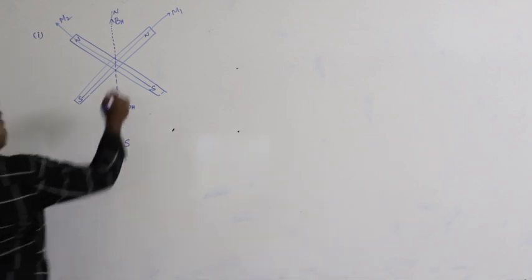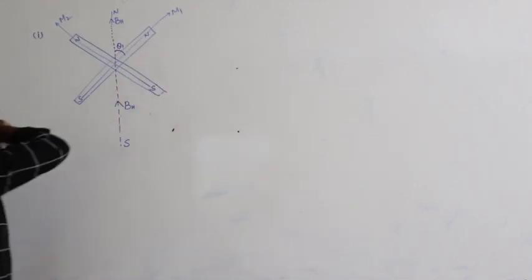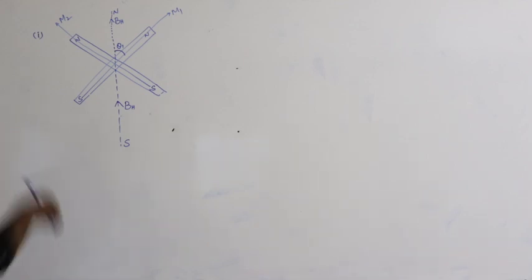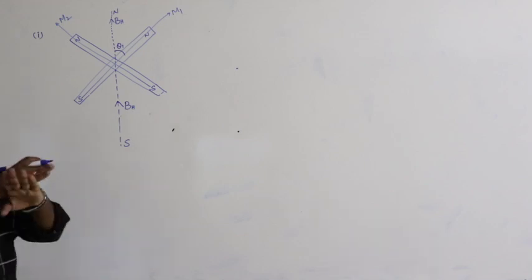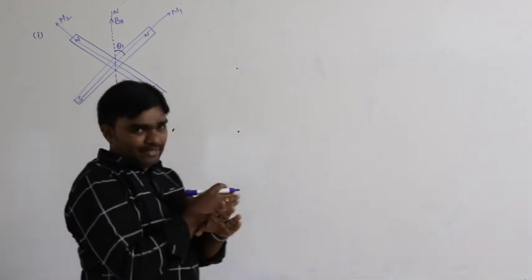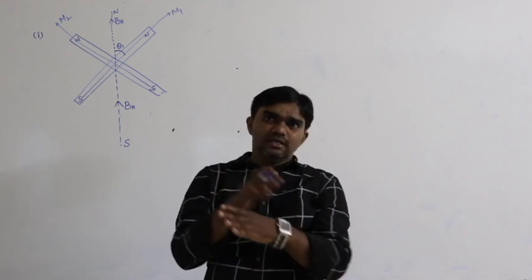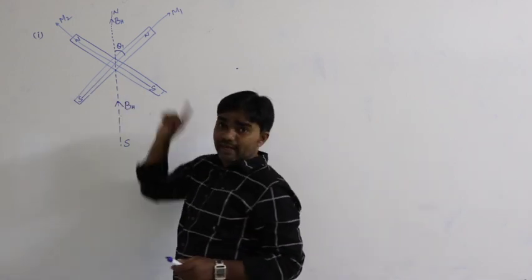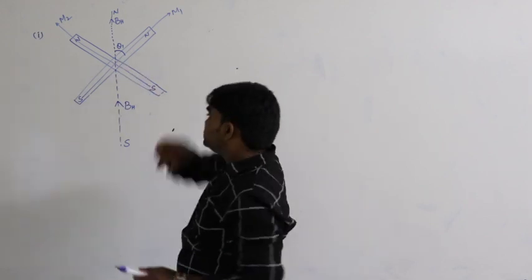Now for example, if the first one makes an angle theta 1, the next angle is definitely 90 minus theta. These two magnets are arranged in a cross, so the angle between these two is 90, no doubt about that. And here it is angle theta 1.